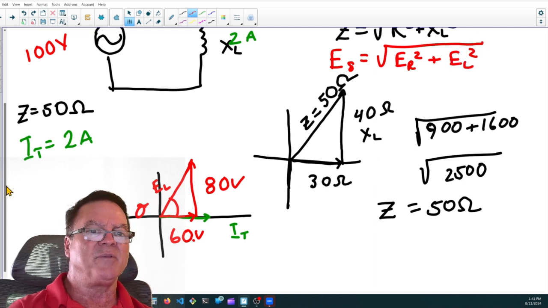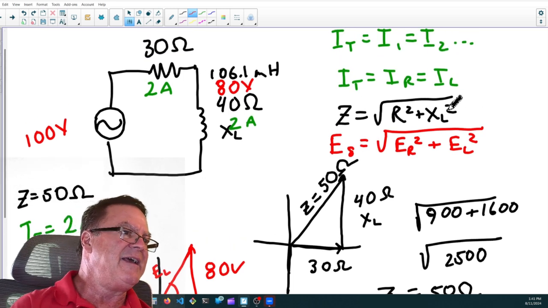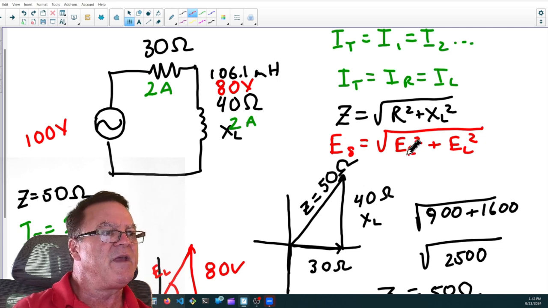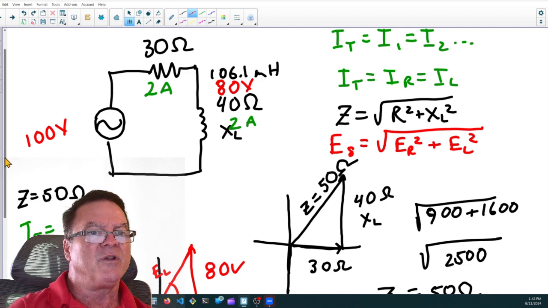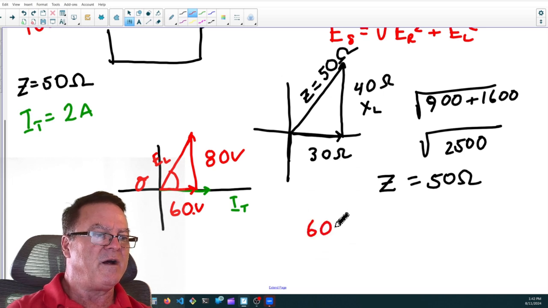I know that looks complicated, but take it apart. You'll see it's not that complicated. It's Pythagorean theorem again. We're talking about triangles. So it's the voltage drop across the resistor squared plus the voltage drop across the inductor squared. So 60 squared is 3,600.